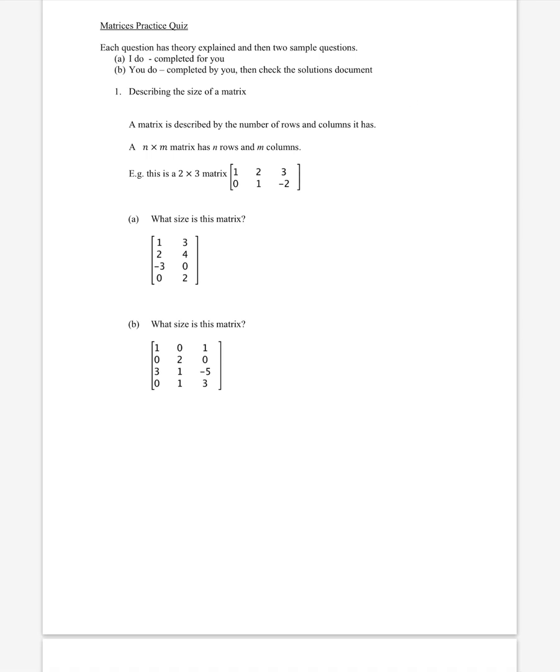That is, there'll be some amount n of rows, and then across will be some amount m of columns. So n is the rows and m the columns across. For example, this is a 2 by 3 matrix because it's got 2 rows and 3 columns.